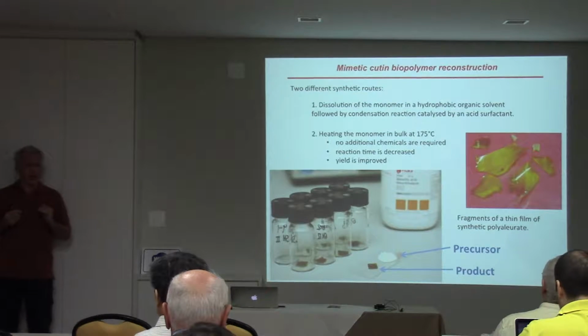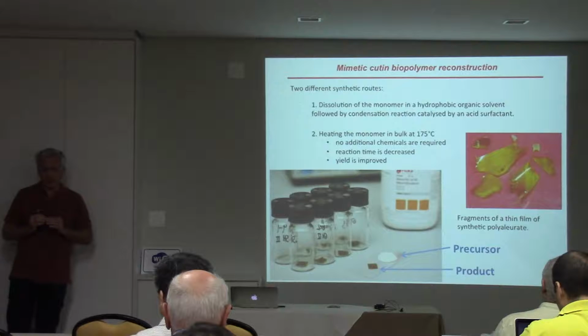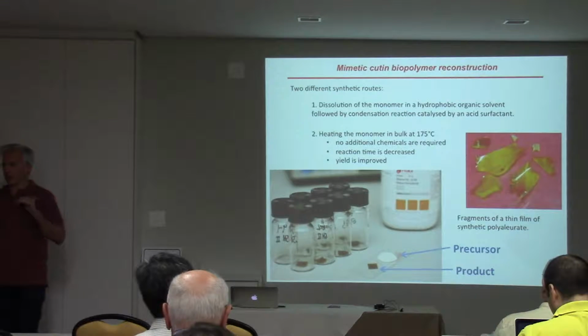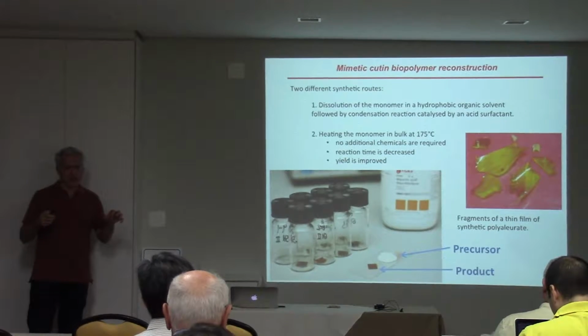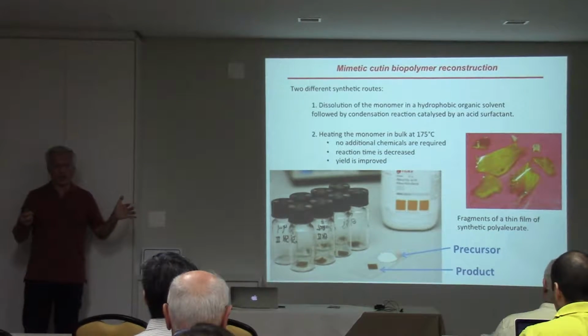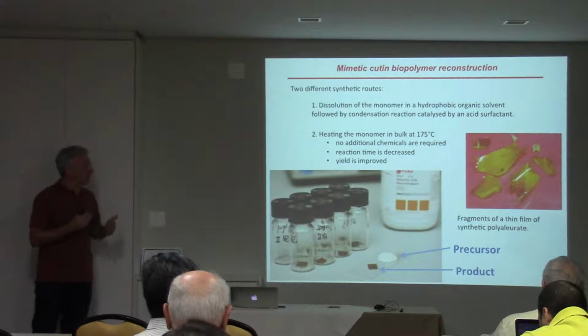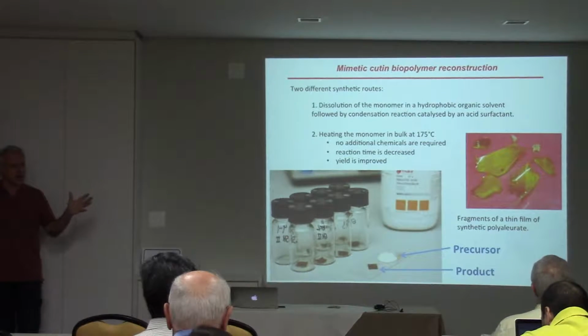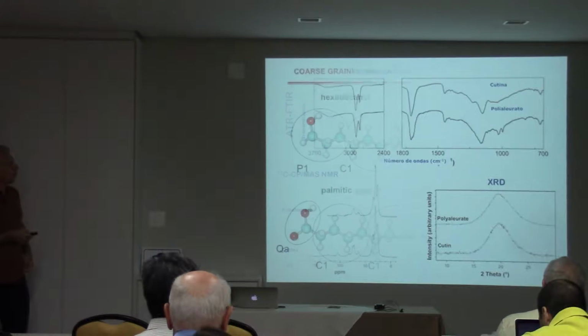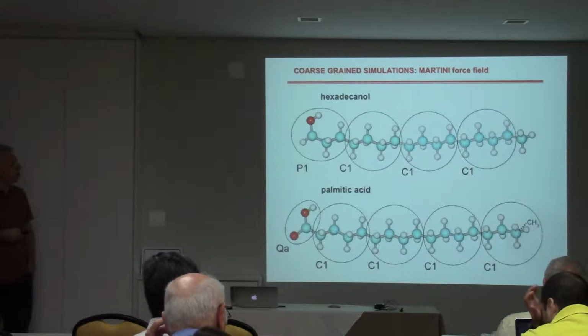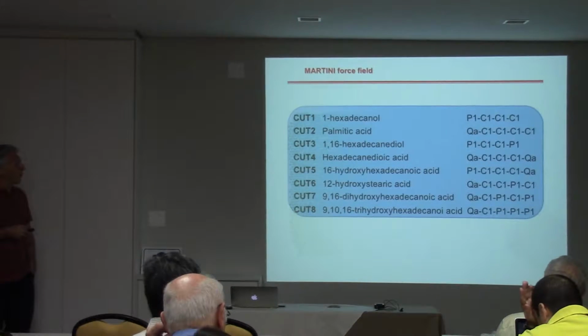And then we are trying to study segregation problems that appear when we mix different monomers. And with atomistic simulation, we are having some difficulties tackling larger systems. That's why coarse grain simulation could help.